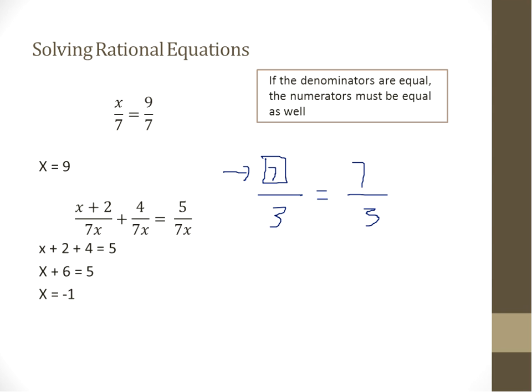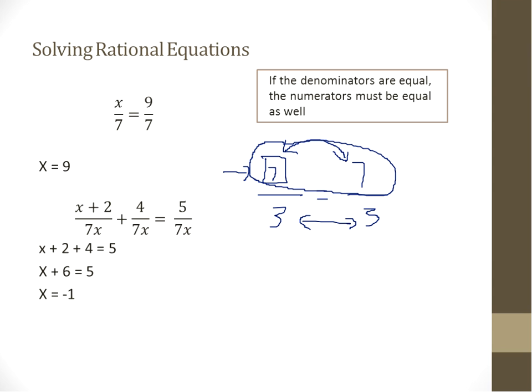The point they're making, on the first page of your lesson, is that if these denominators are the same, here the 3 is obviously equal to 3, that means the top has to be equal as well. You'll fill out the box on just a few, and it'll be pretty simple.